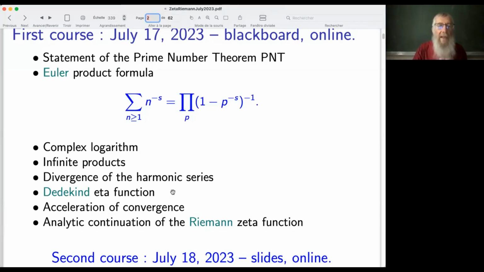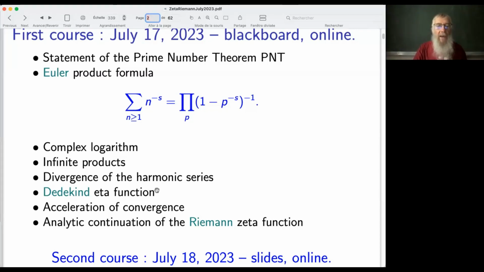So the Dedekind eta function can be extended to a function which is convergent for real part of s greater than 0, and this gives an analytic continuation of the Riemann zeta function for the real part of s greater than 0 with a single pole at s equal 1 with the residue which is 1.